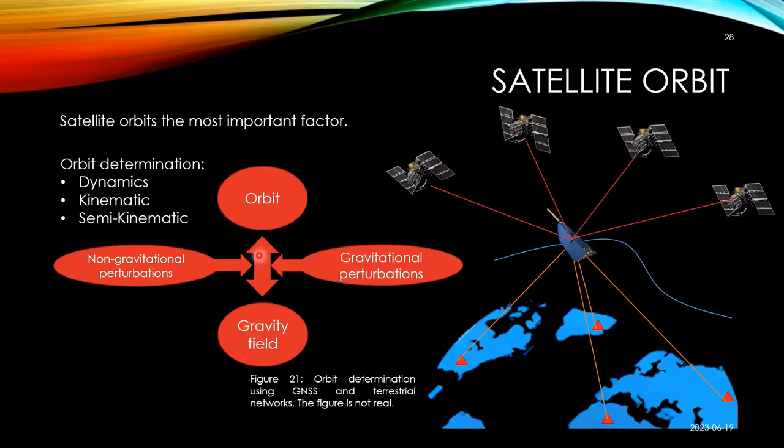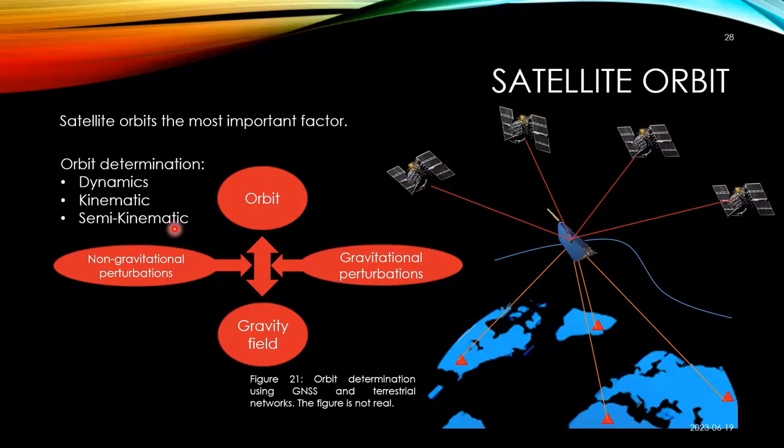Almanac data, which is the predicted orbit, is actually determined based on this principle. They use the gravity field and these forces, and generate the orbit. This type of method for orbit determination is called dynamic orbit determination. And when we combine them, it becomes reduced-dynamic.